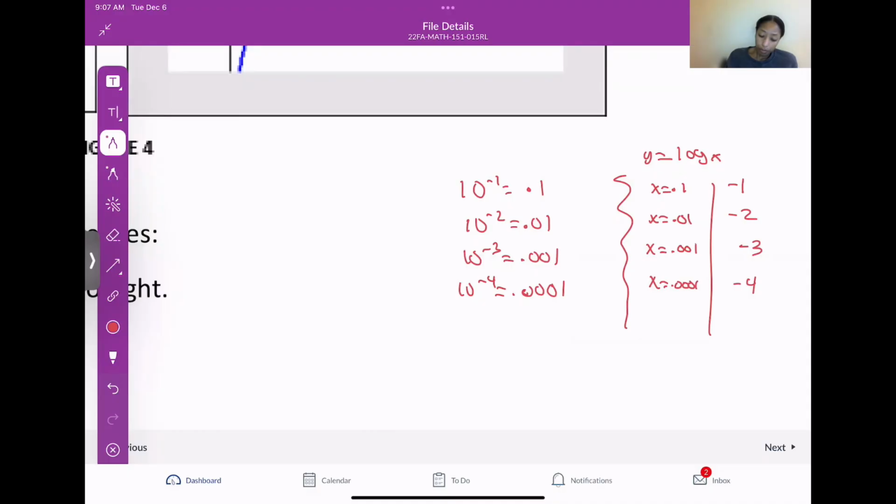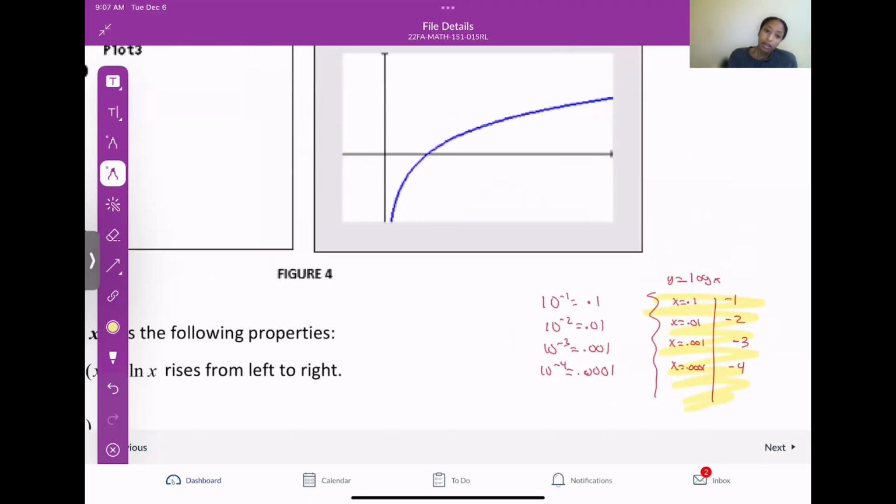So this table here shows us what's happening in our graph. As the x values get smaller and smaller, closer to 0, as they get closer to 0, the y values are becoming more and more negative.